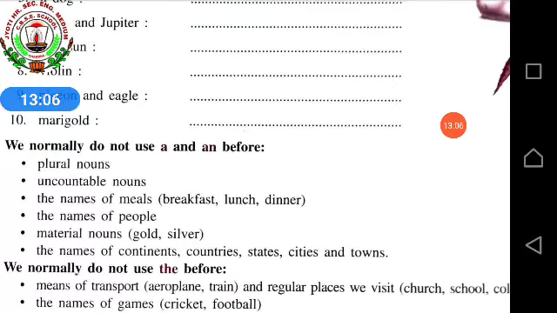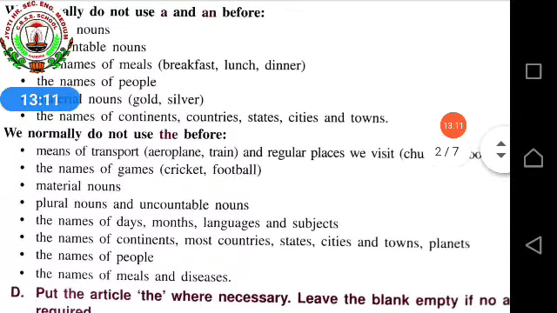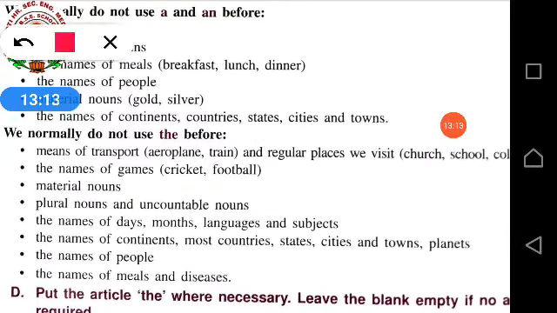And if we scroll down we can see where we normally do not use the: before means of transport, names of games, material nouns, plural nouns and uncountable nouns, names of days, months, languages. All these things are important. You have to learn them by heart. After that only you will be able to solve the next part of the exercise.